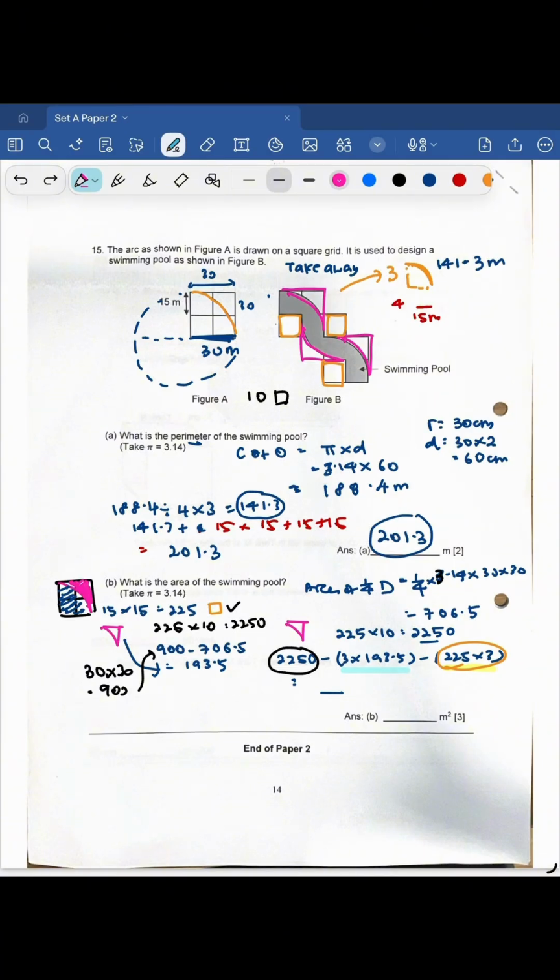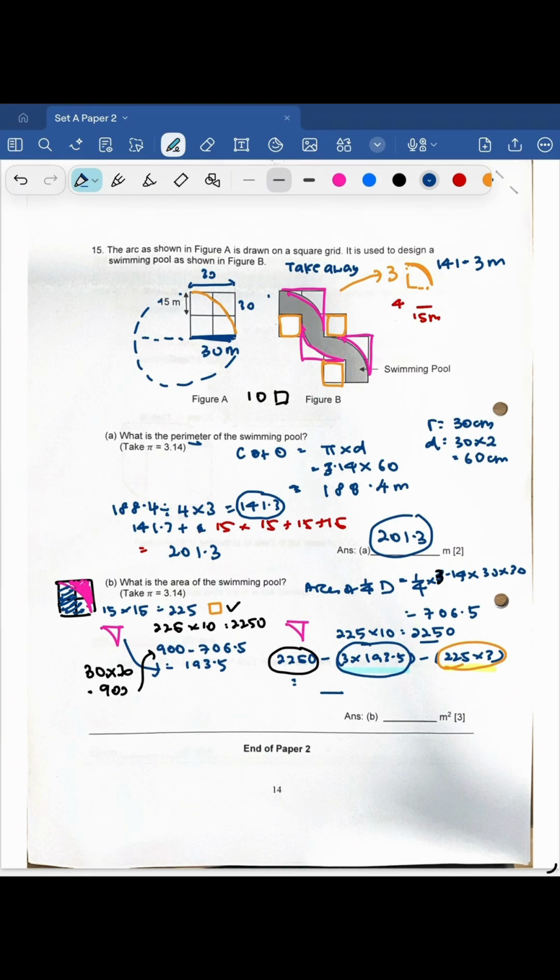Okay, so when I find the area of the boomerang, I will get 193.5. Since I got 3 boomerang I don't want, I am going to multiply by 3 here. And since I got 3 squares that I do not want, I'm going to multiply by 3 over here.